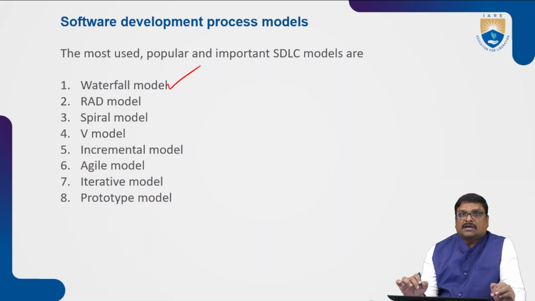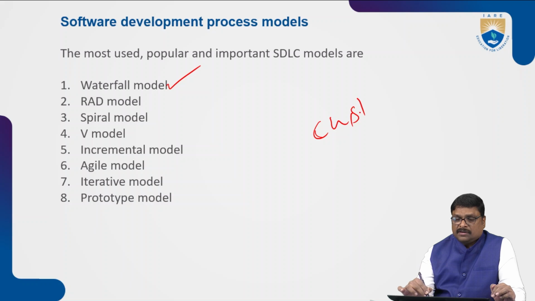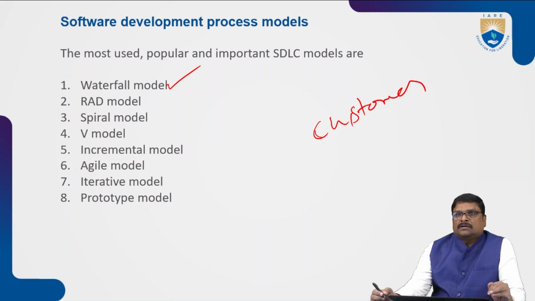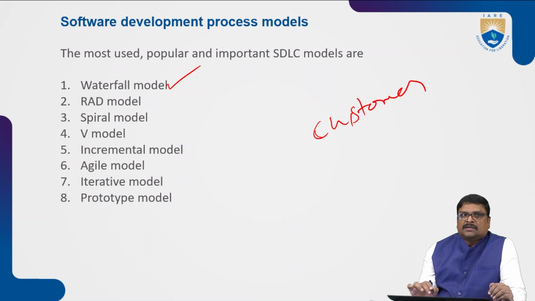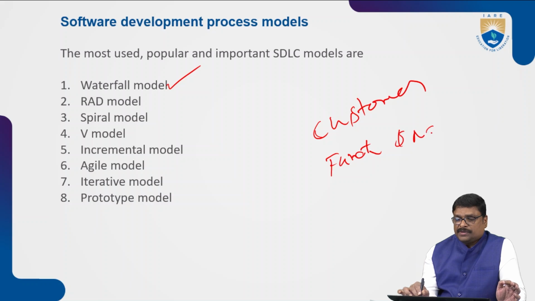The customer is one of the stakeholders who provides the software requirements to the development team involved in the software development lifecycle. The customer provides two kinds of requirements: functional requirements and non-functional requirements.